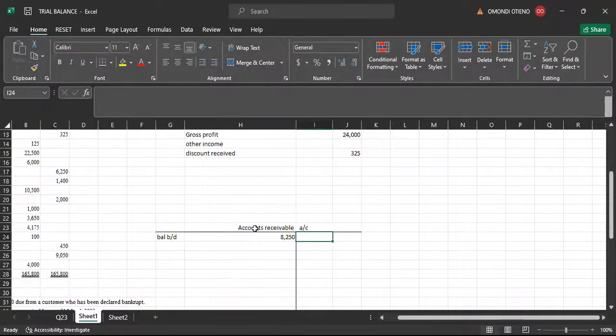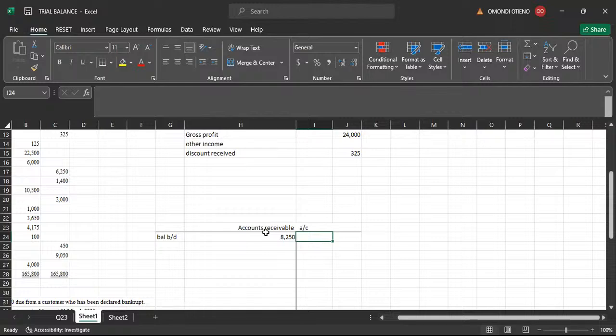They are not going to pay this amount that we expect them to pay. So are we going to reduce the account, or are we going to maintain it? The accounts receivable, we are expecting 8250, but someone has already given us signs that they are not going to pay it. Why? They have been declared bankrupt.